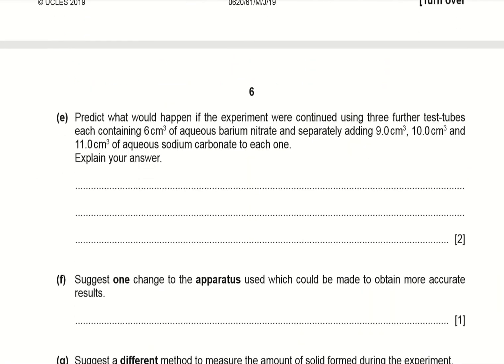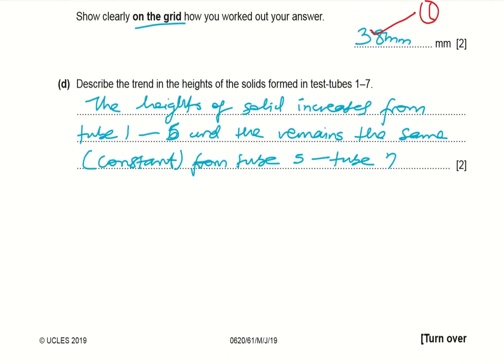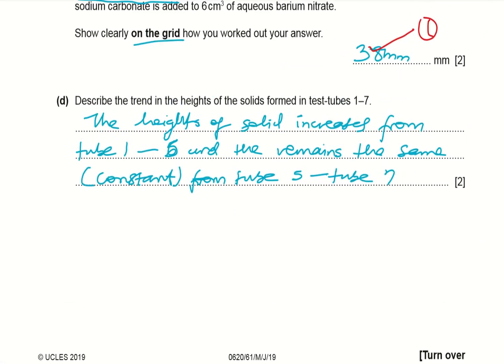So let's answer the next one. What are the things that are responsible for the mark distribution here? Talking about the fact that the height increases, and of course it remains constant.